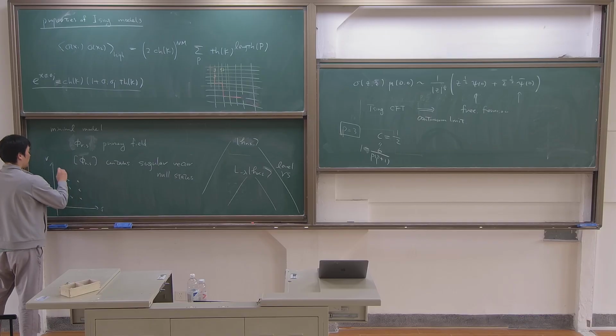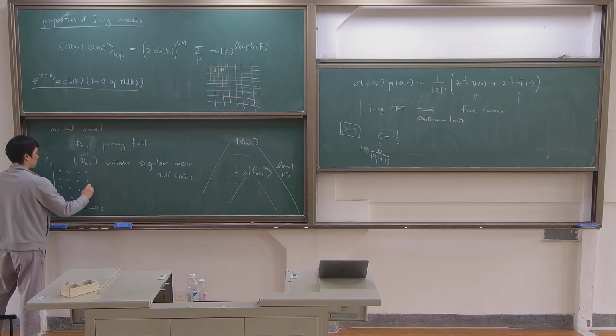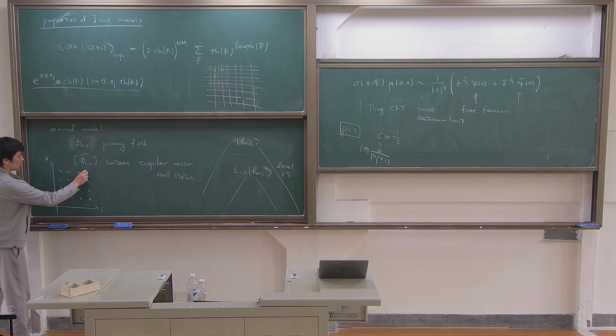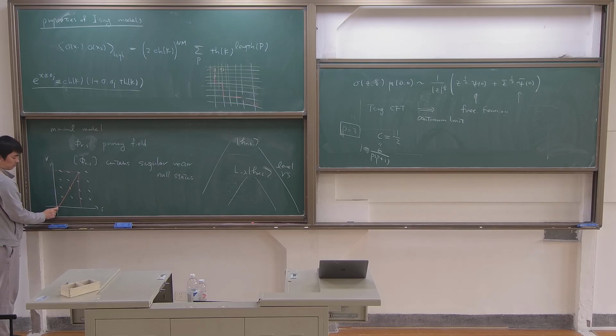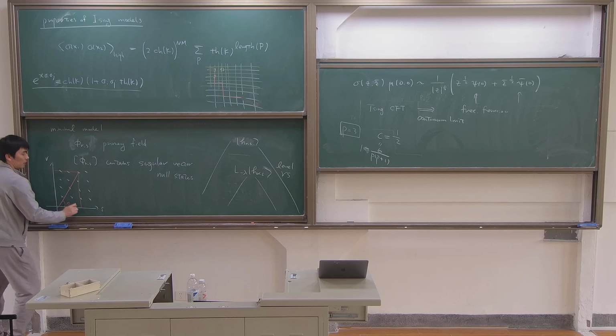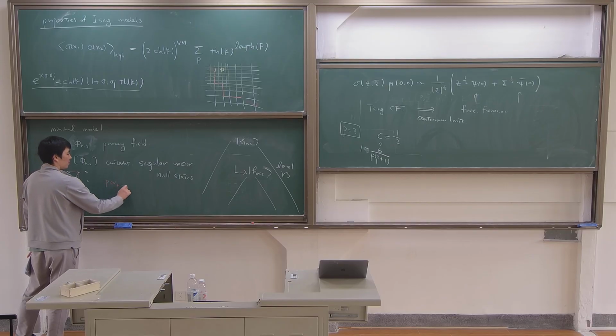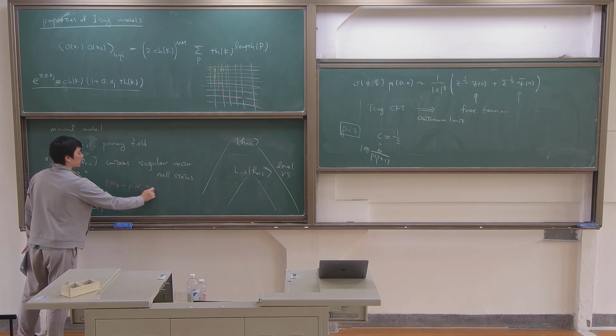Just recapping what we learned, when p equals 3, as you recall, alpha plus times p plus p prime alpha minus is equal to 0.